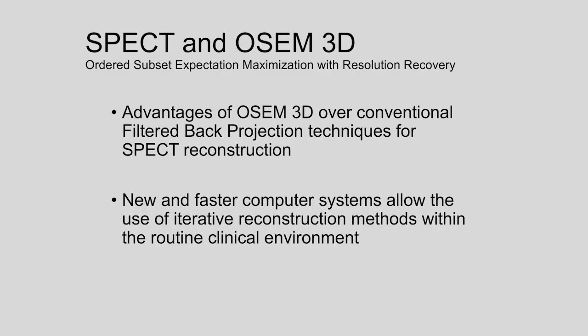Newer, faster computer systems today allow the use of iterative reconstruction, OSEM 3D, in the routine clinical environment. It doesn't take very long to do this. In the past, people would not use this method because it was apparently too complex or took too long. There's no excuse not to do this now.